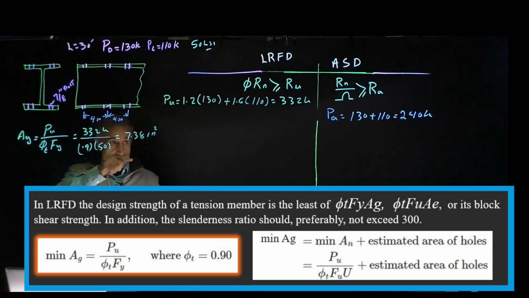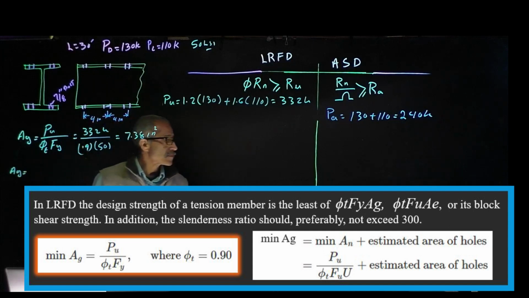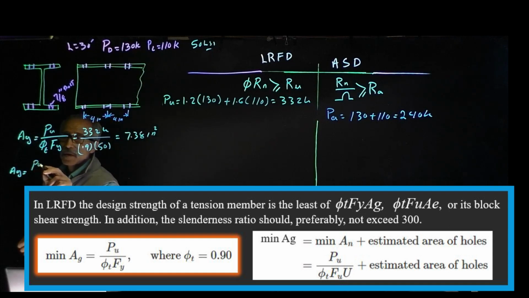The other formula that's right there, we have to use that one. Basically that is Ag is equal to Pu divided by phi t Fu times U, plus the estimated hole.